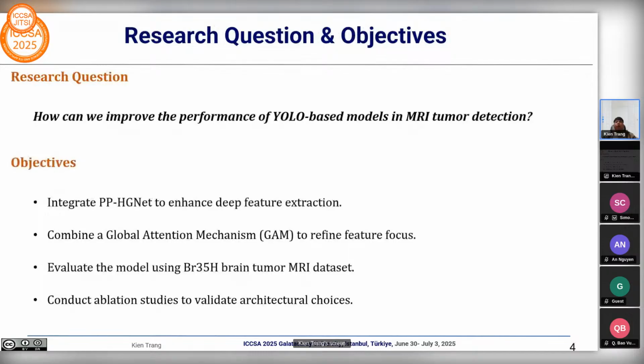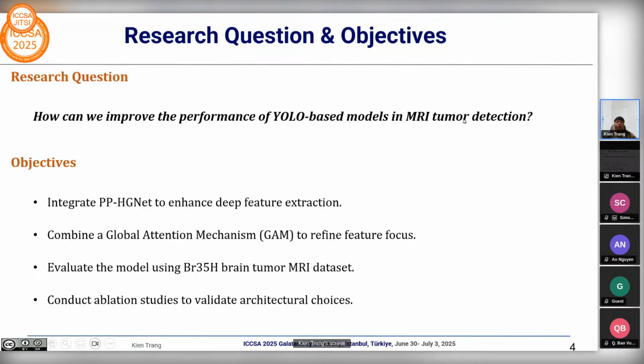So this leads to our task: we focus on answering the research question, how can we improve the performance of YOLO-based models in MRIs for tumor detection? Our primary research question concentrates on the enhancement of YOLO-based models for better tumor localization in MRI scans, by replacing the backbone of the original YOLO with PPHGNet and also incorporating GAM, the global attention mechanism.